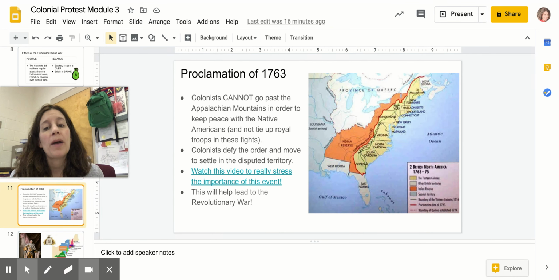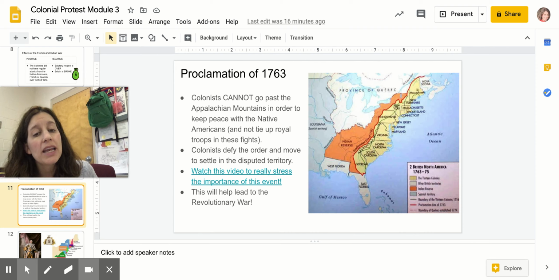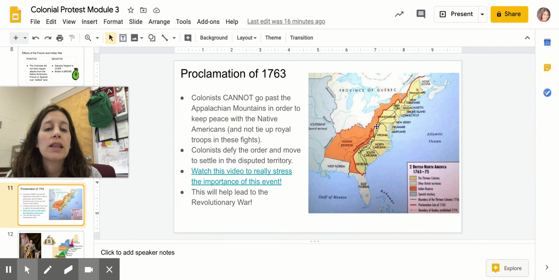You cannot go past the Appalachian Mountains in order to keep peace with the Native Americans and to not tie up royal troops in these fights and to not spend any more money. We're going to draw a line, which is the red line that you see right here. It's called the Proclamation of 1763, and you cannot cross that line.